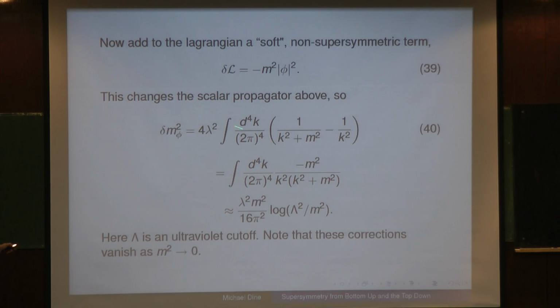We looked at then delta m phi squared, and we saw that this went like lambda squared m squared over 16 pi squared. There's a minus sign that got dropped here, and a log. So as m goes to 0, this goes rapidly to 0, and the divergence is now, like for the electron mass in QED, just logarithmic.